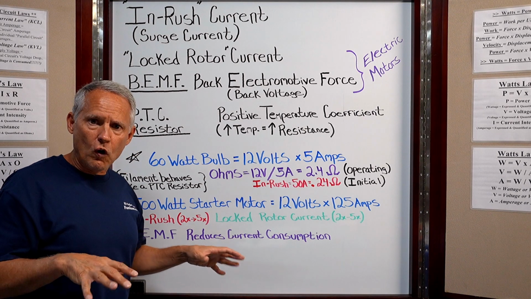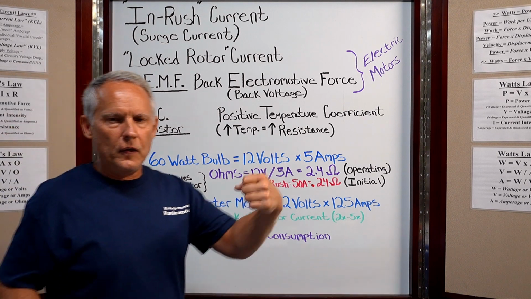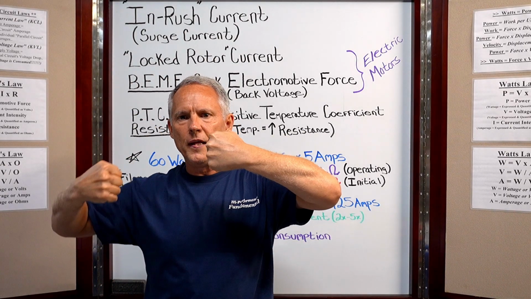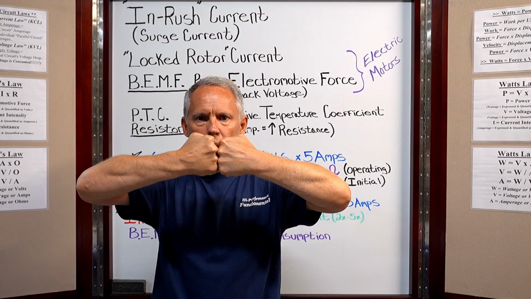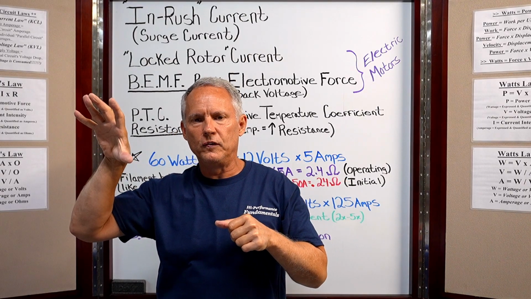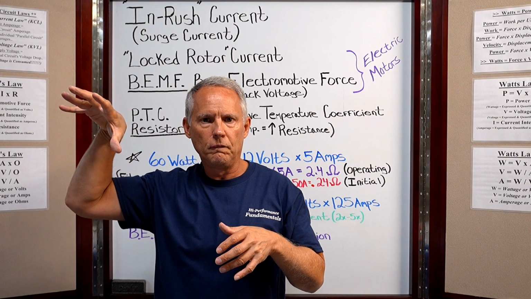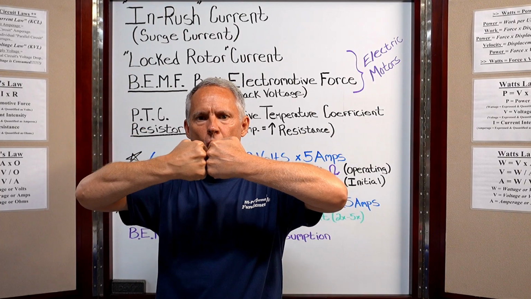Now, the starter motor itself starts to produce its own voltage. So imagine you had 12 volts coming in, and let's say, just as an example, 2 volts coming out, and they're opposing each other. So now the current flow through the starter motor reduces, because it's producing its own electrical voltage and current, and they're opposing each other.